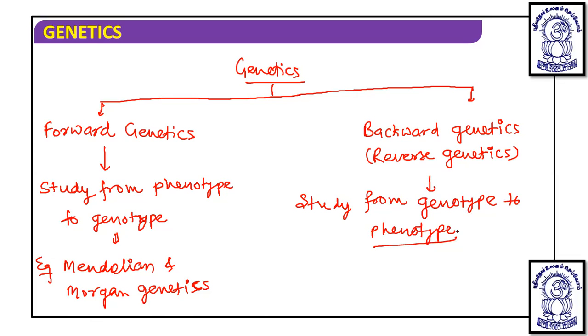So first we talk about the genes, then we talk about the phenotype. So in this example, genomics, or we can say modern genetic engineering, is a type of backward genetics. Okay.